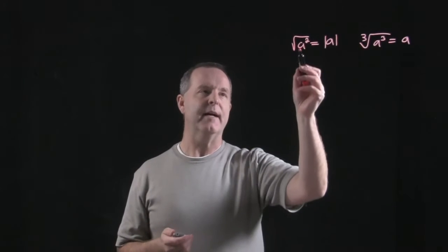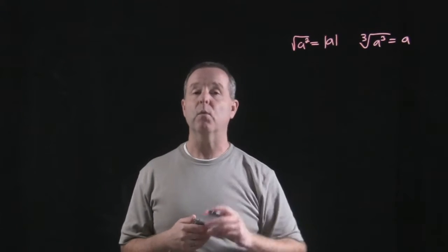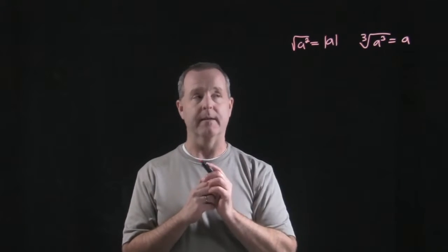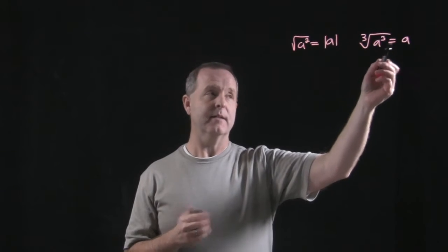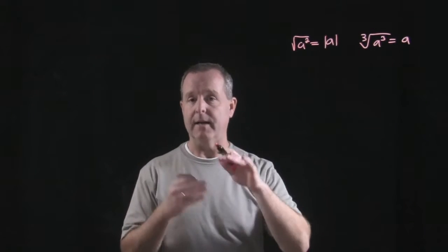We've learned that if we have an even index, its result will be the absolute value of the radicand. If we had an odd index, the result will just be the radicand.